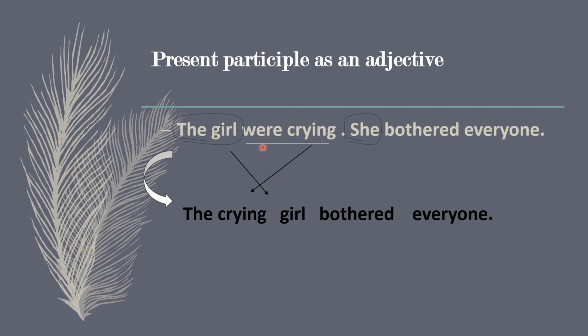Then we delete the helping verb were and delete the second subject she. Then we complete the sentence. The crying girl bothered everyone.